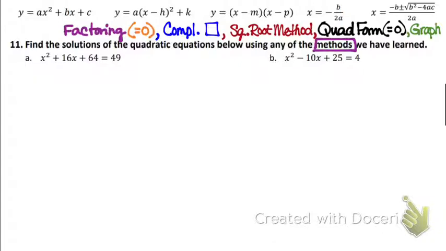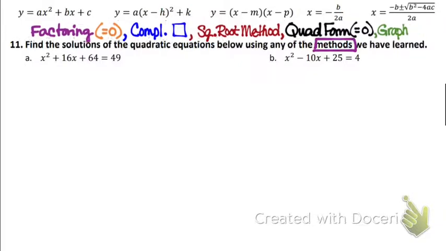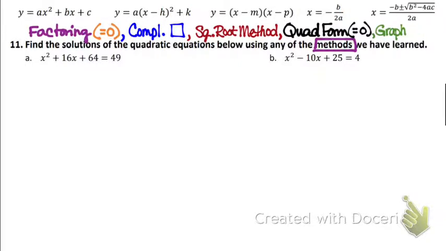So when I look at these equations, which method strikes you as the best? Are they already equal to 0? No. We can get them equal to 0 so that we could use factoring or quadratic formula. But there's something that I notice about this side over here.